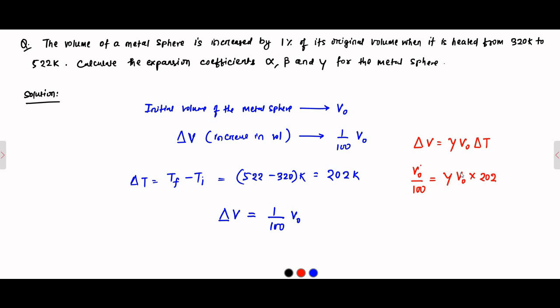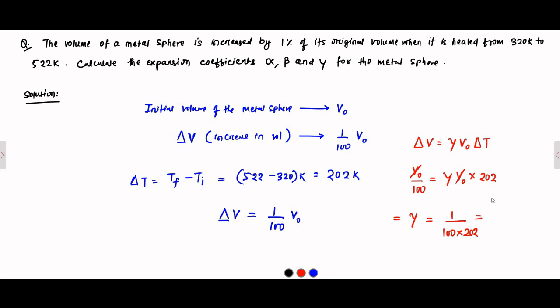So here V0 gets cancelled on both sides. That implies the volume expansion coefficient gamma is equal to 1/100 into 202. So it is coming around 4.95.